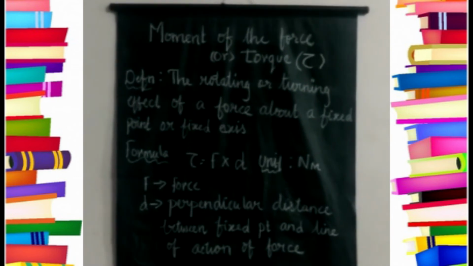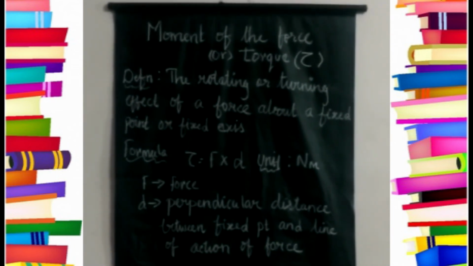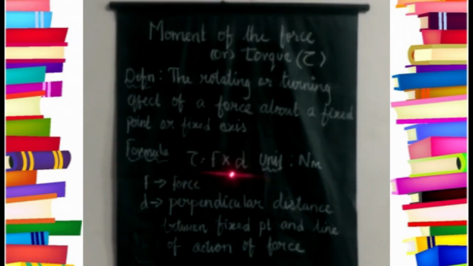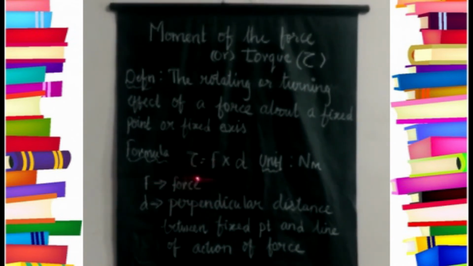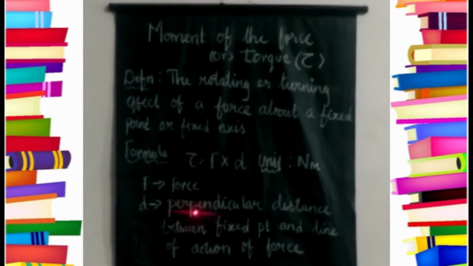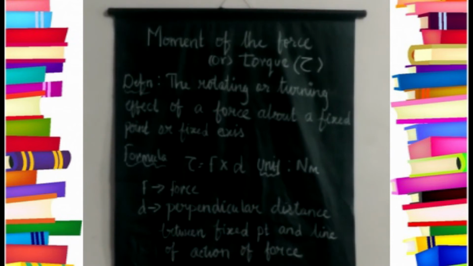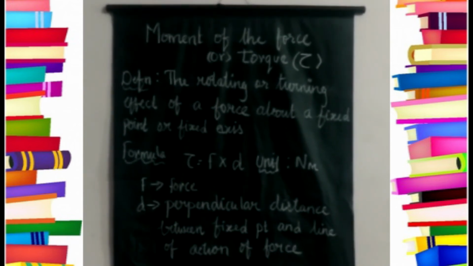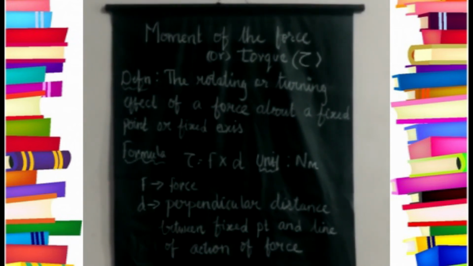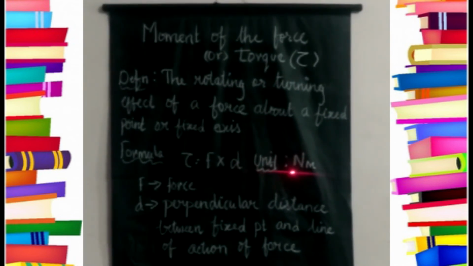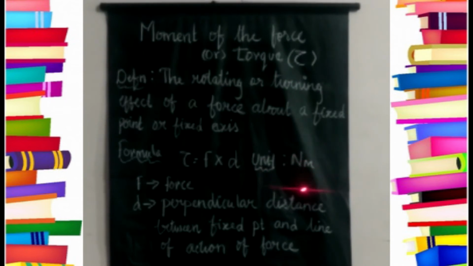The formula for moment of force is tau is equal to F into D, where F is the force and D is the perpendicular distance between the fixed point and the line of action of the force, as we have seen in the example of a door. The SI unit of moment of force or torque is Newton meter.